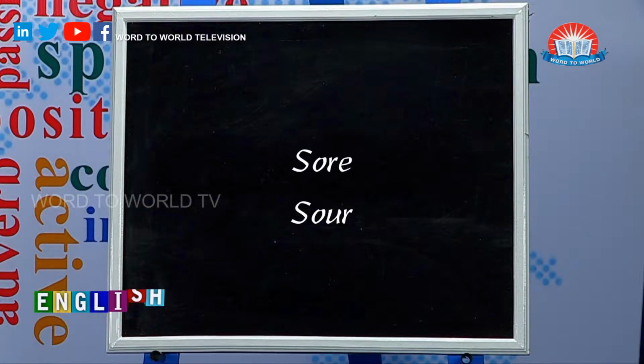So, the spelling is different, but they can be used in two different ways with two completely different strands of meaning. Okay? The other one is S-O-R-E, S-O-U-R. S-O-U-R, we have discussed that word before in one of the previous episodes.